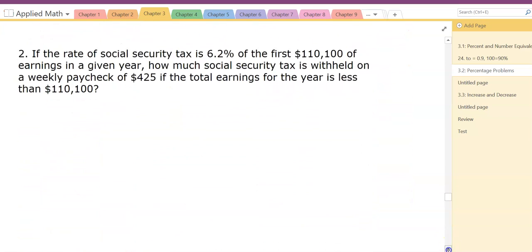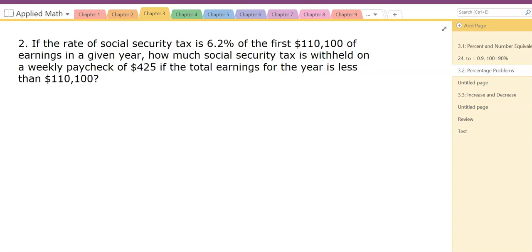All right, taking a look at number 2. If the rate of Social Security tax is 6.2% of the first 110,100 of earnings in a given year, how much Social Security tax is withheld on a weekly paycheck of $425 if the total earnings for the year is less than that 110,100?